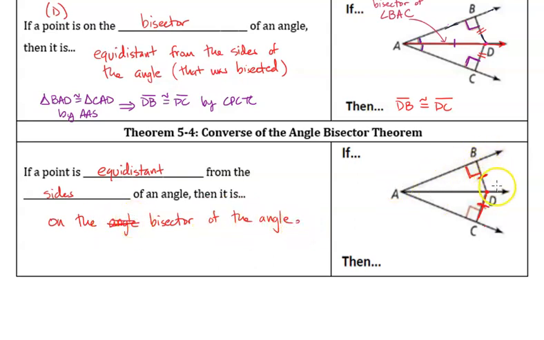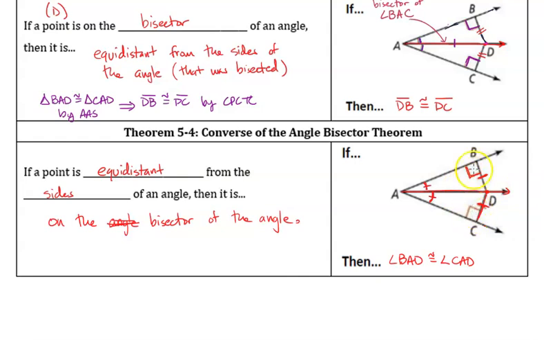So in this picture I see here, I'm like, okay, this point D must be on the bisector of angle BAC. Well, it's on this ray here that goes from A through D. So in this picture, I must be able to say that this angle is congruent to this angle here. Angle BAD must be congruent to angle CAD. And again, the reason I would know that is because these two triangles now would have to be congruent by HL.